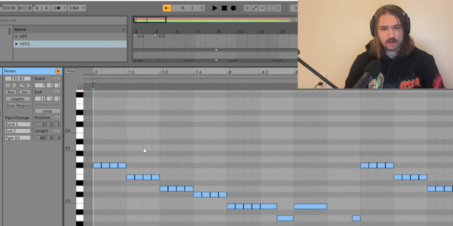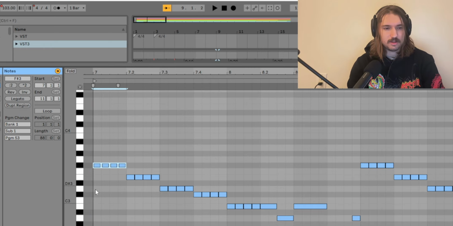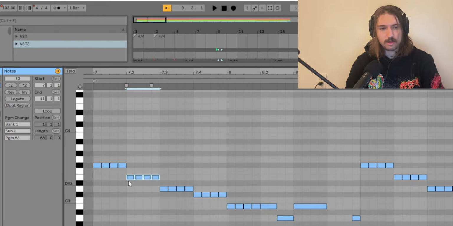What we really want to pay attention to is the pattern, okay? And what did we say a motif is? It's a simple pattern. So right here, we see a simple pattern of 4 notes, and then it's reused again and shifted down.